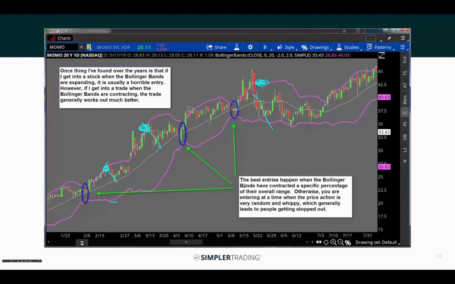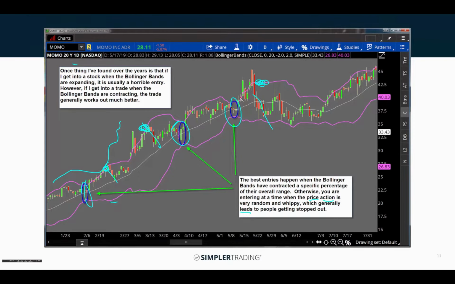The best entries happen when the Bollinger Bands have contracted a specific percentage of their overall range. Otherwise you are entering at a time when the price action is very random and whippy, which generally leads to people getting stopped out. Okay, so of all the action on this daily chart of Momo, the only 3 times it makes sense to enter the stock because you'd have a directional edge is here, here, and here.